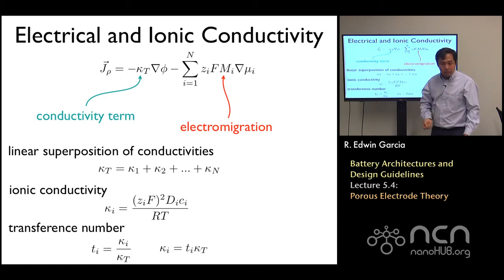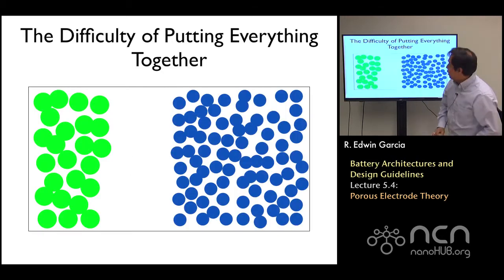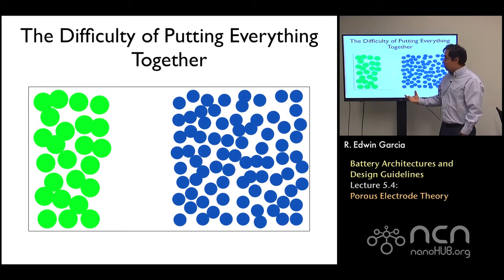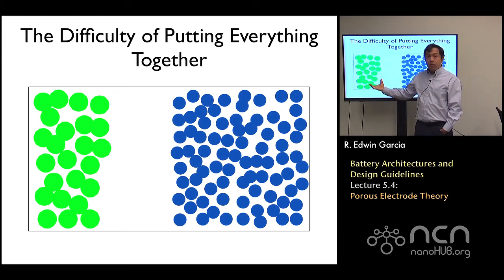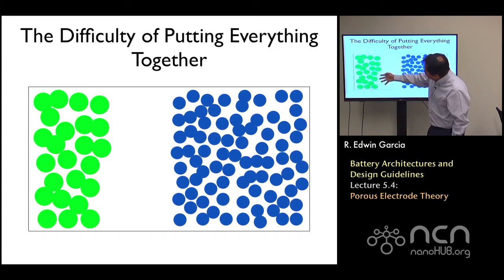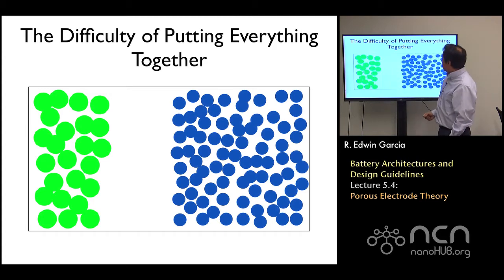The problem with this description is that we have a topologically complex structure, right? As we have described, the particles are not necessarily uniformly distributed, and their shapes are not necessarily spherical. We have this distribution of pores through which lithium has to diffuse, as you can see here, right?